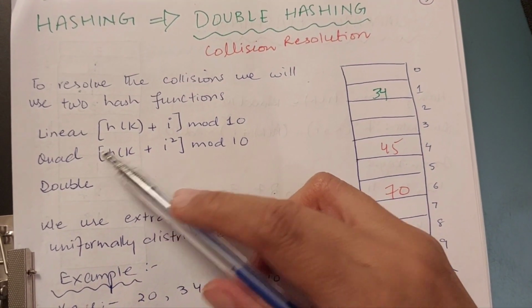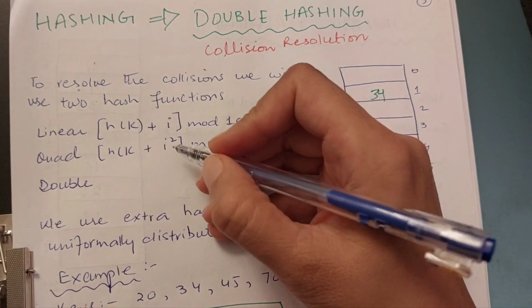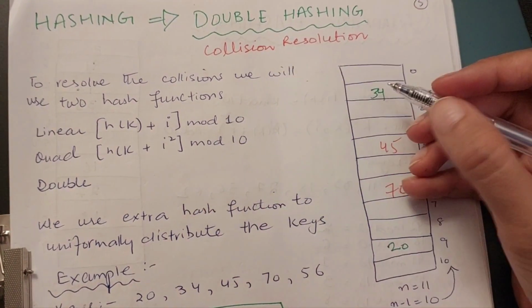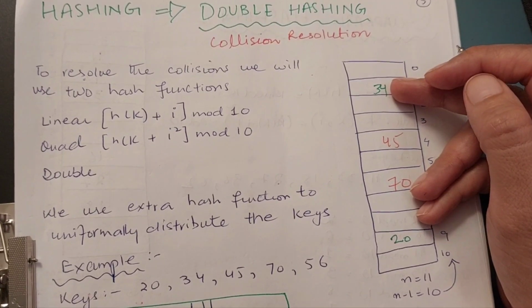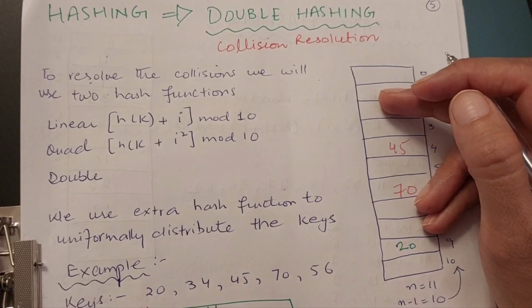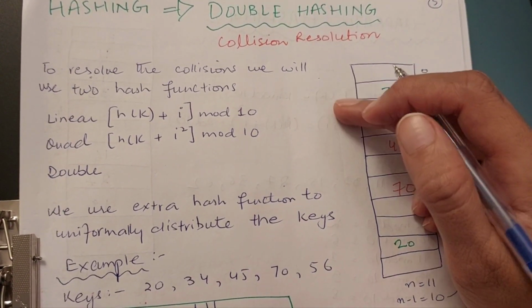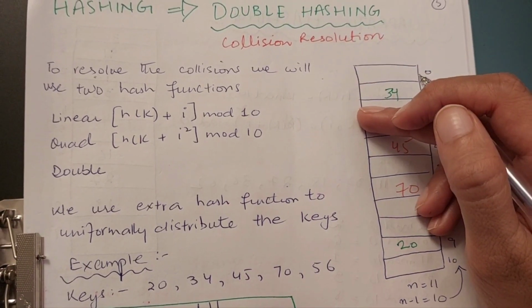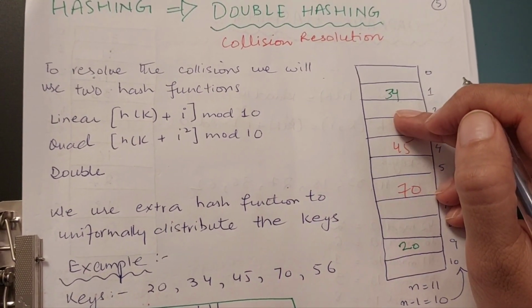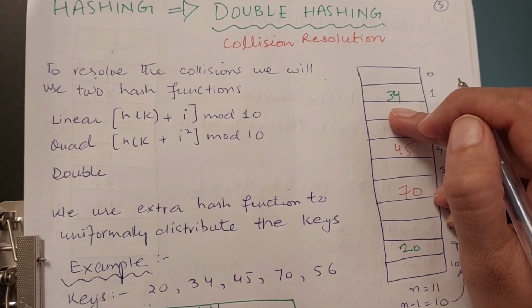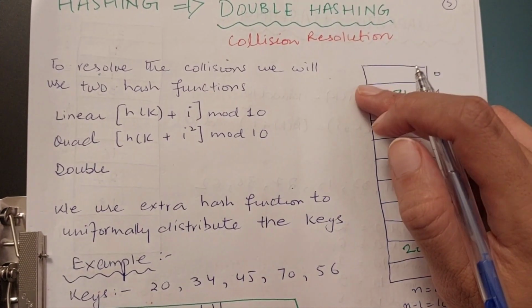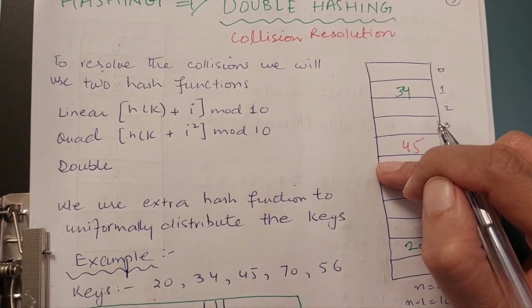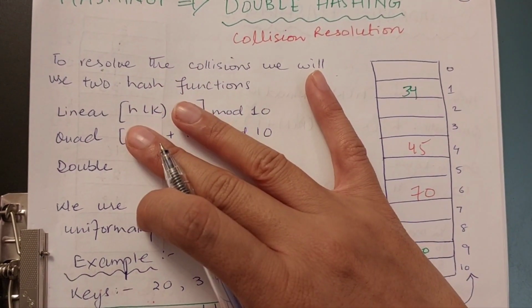Similarly, when you were doing quadratic hashing, you were using i square. For example, you had a collision here, you wanted to store another entry at this very same location. So you did iterations: in one iteration you try to locate it here. If it is also filled, then you try to locate it here. So this is linear, and in quadratic you used to do those jumps. So this was all about linear and quadratic.